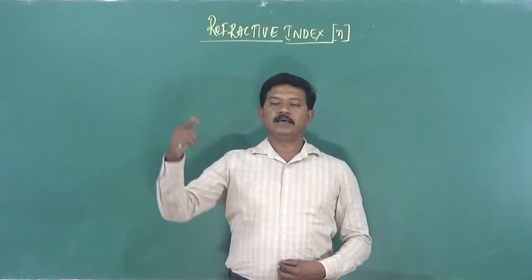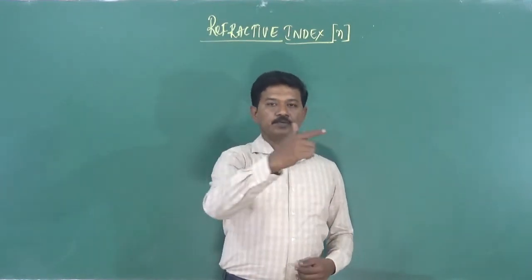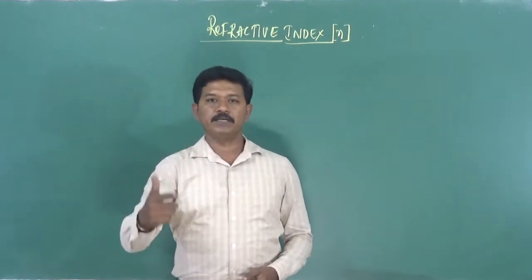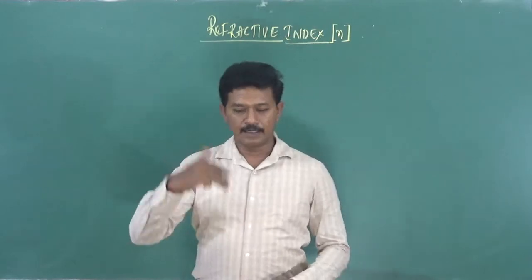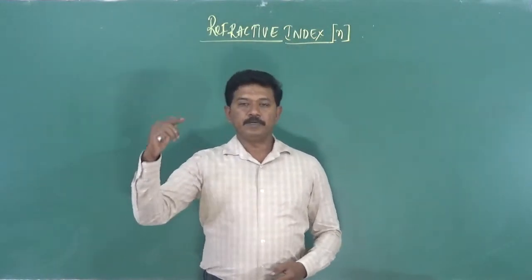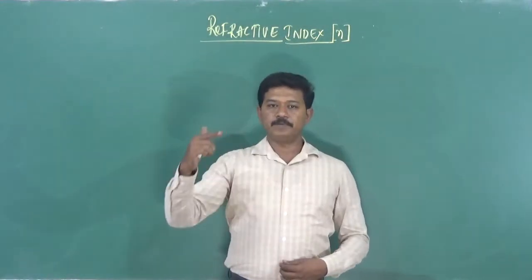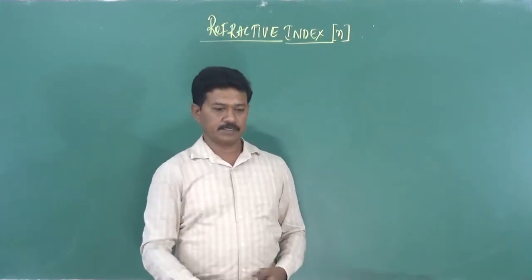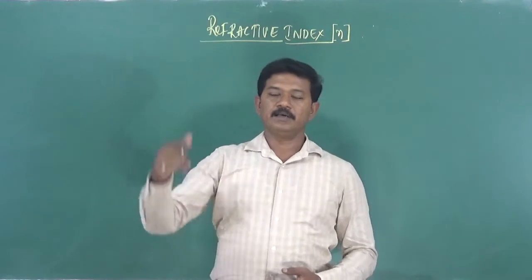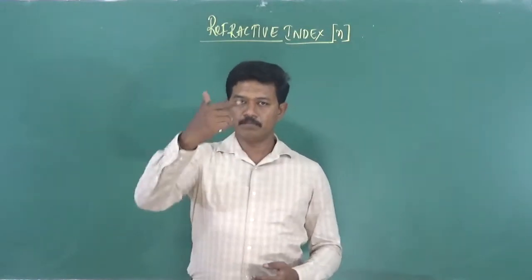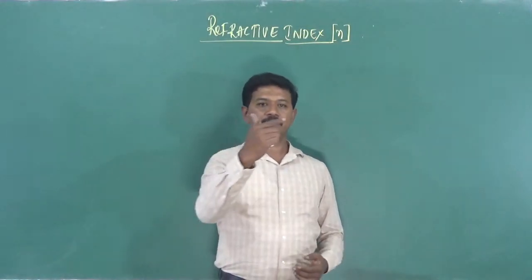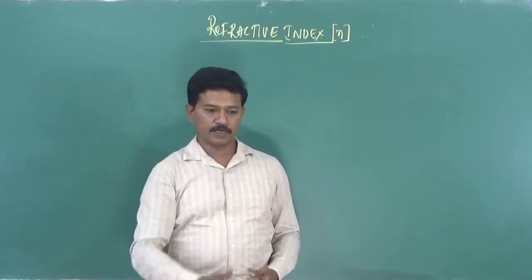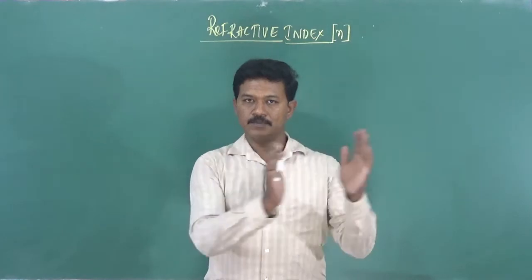Speed of light in vacuum by speed of light in water is the absolute refractive index of water. Speed of light in vacuum by speed of light in diamond is the absolute refractive index of diamond. Speed of light in vacuum by speed of light in crown glass is the absolute refractive index of crown glass. I hope you got the entire thing.